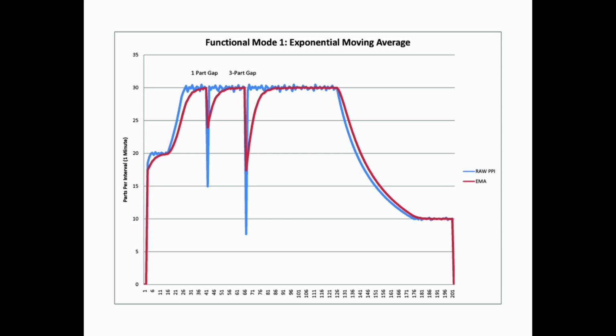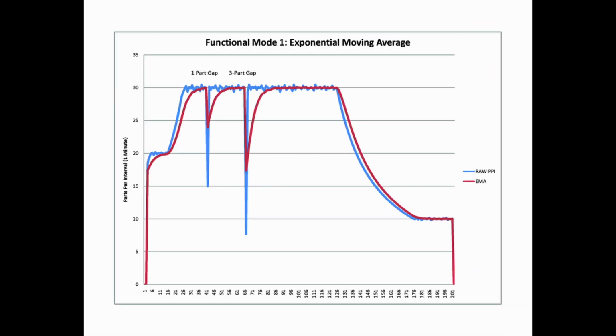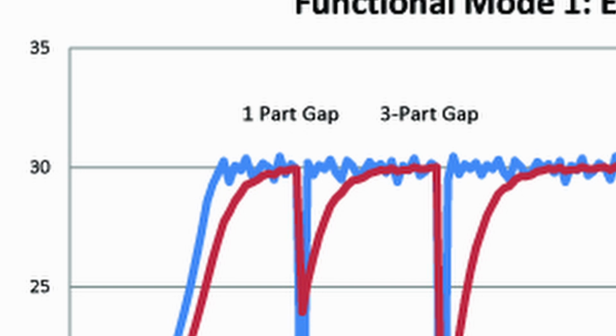Function mode 1 is an exponential moving average, and you can see here on the graph it starts out at 20 parts per minute. I've set all of these graphs with the interval being 60, so I can show how that operates. All of these graphs are intentionally put around a cannery type of environment. So we're starting the line at 20 parts per minute, and then we will ramp up to 30 parts per minute. And then I show how a 1 part gap will affect it.